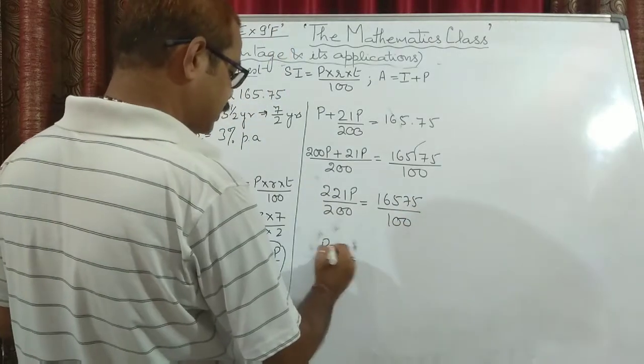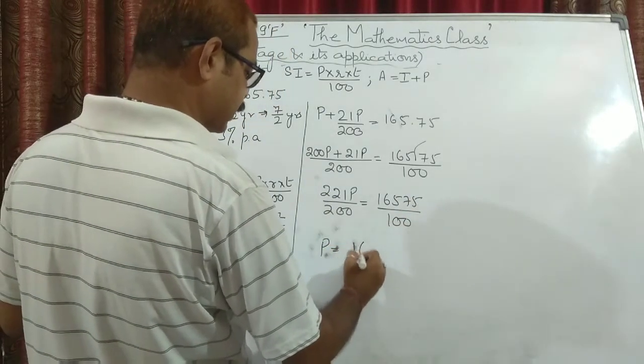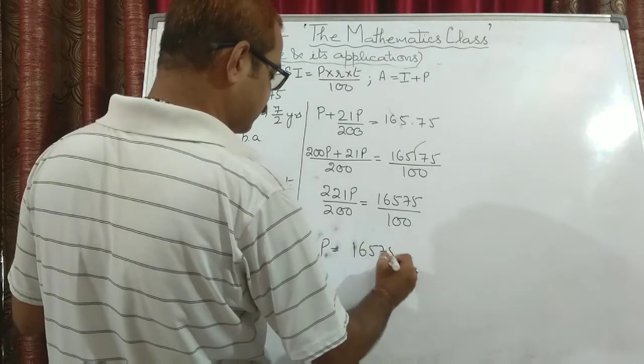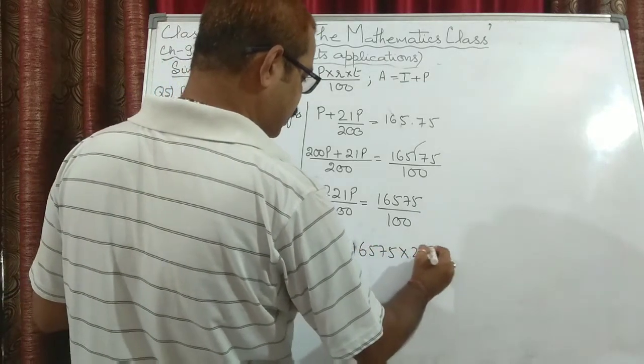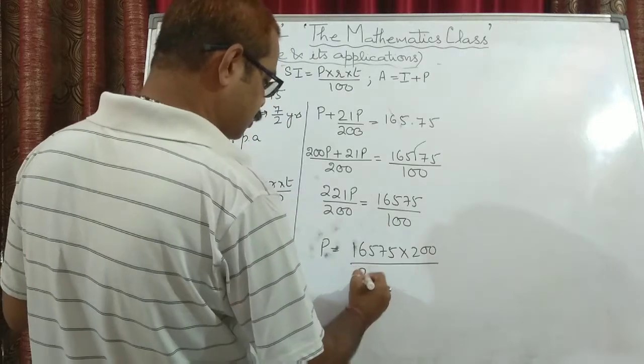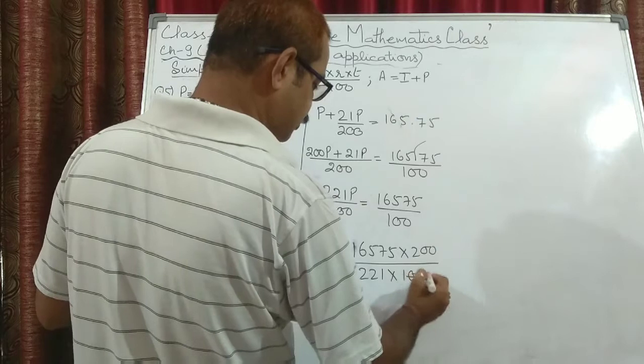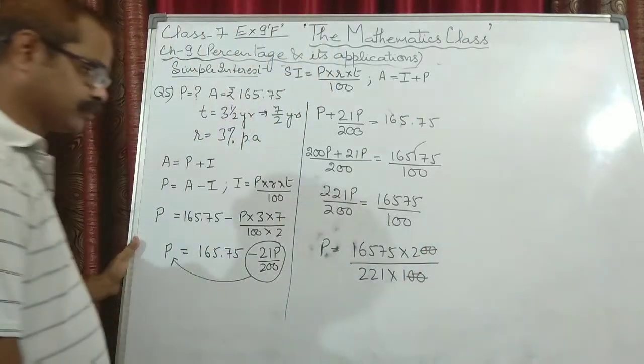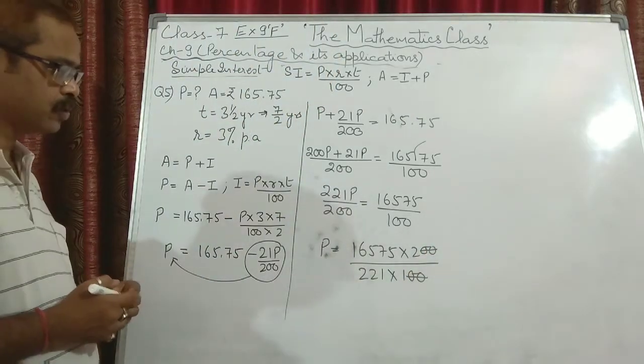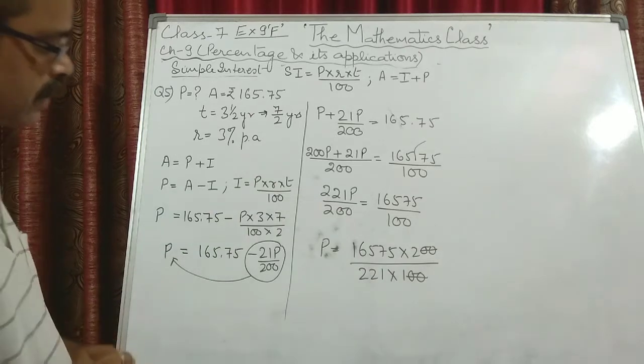So value of p will be, by cross multiplication, 16575 into 200 upon 221 into 100. 0 0 cancelled, 0 0 cancelled. Now 221 is divisible by 11.